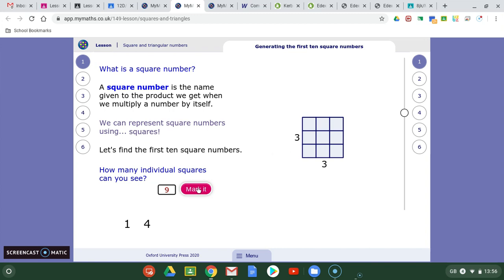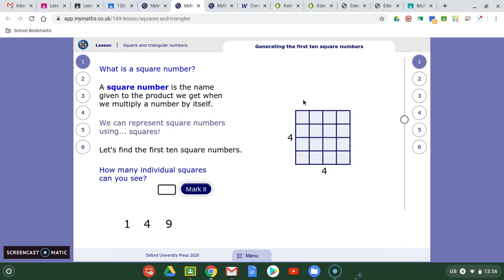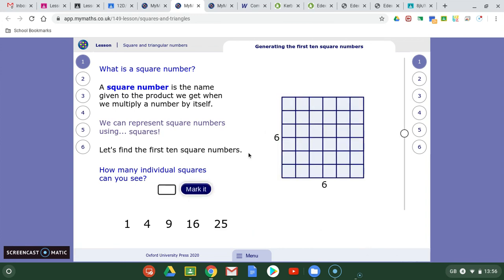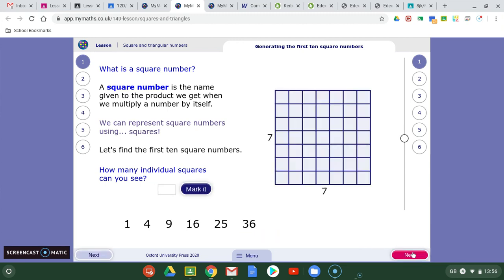So I can see 9 squares. 4 times 4, well, there's going to be 16. 5 times 5 gives me 25. 6 times 6 gives me 36 squares. You can always just count them if you're not too sure.